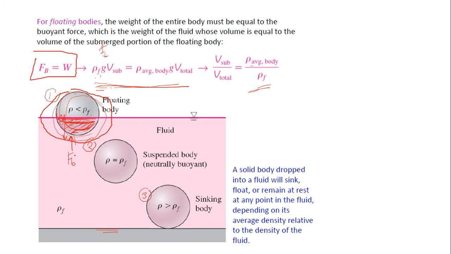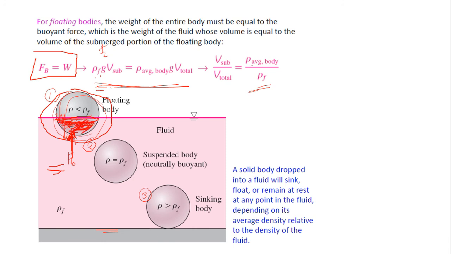So FB, the buoyant force acting upward, is rho GV, and the rho is the rho of the fluid. The fluid ni yang kenakan daya kat atas bola ni. Okay, the rho of the fluid times G, constant G, and the volume submerged, volume yang submerged dalam air ni, yang merah ni, yang solid ni.